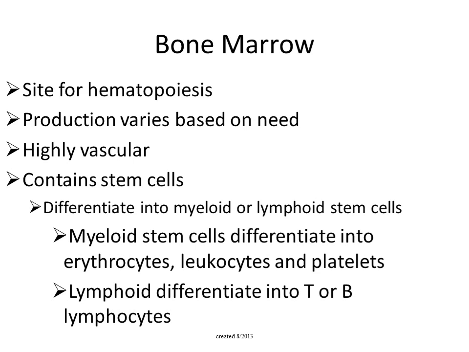It's highly vascular. It contains stem cells which self-replicate. So what does that mean? That means that the stem cells differentiate into two different types of cells. They can be the myeloid or the lymphoid cells. The myeloid stem cells differentiate into the erythrocytes, the leukocytes, and the platelets.